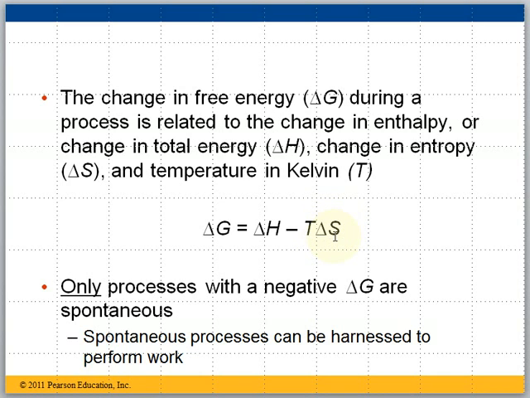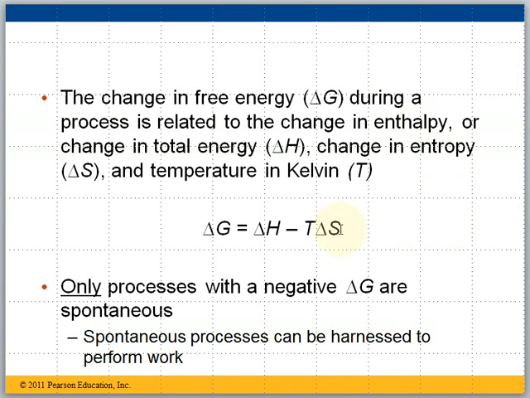Entropy is the amount of disorder, basically. Enthalpy is the total energy. So the total energy of the entire system is called enthalpy, and the amount of disorder or disorganization is called entropy, represented by the S. These two words are often confusing because they sound a lot alike.